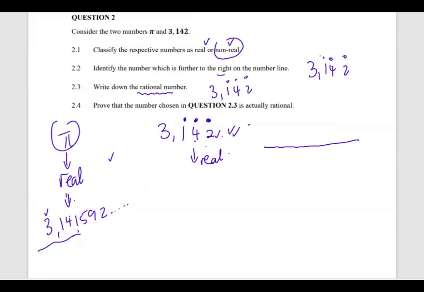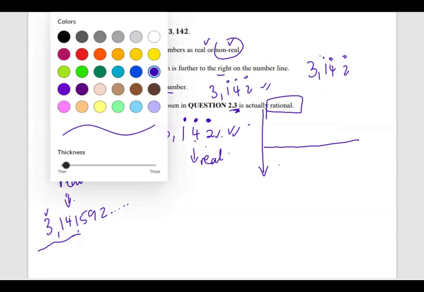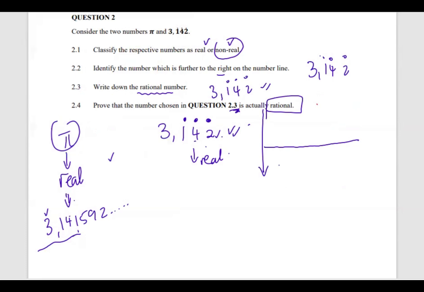And then lastly, can we prove that the number chosen in 2.3 is actually rational? So in other words, are we in a position to write this number as a fraction? So step number 1, remember what we said? Let P equal 3.142142, because those are the numbers that are recurring.